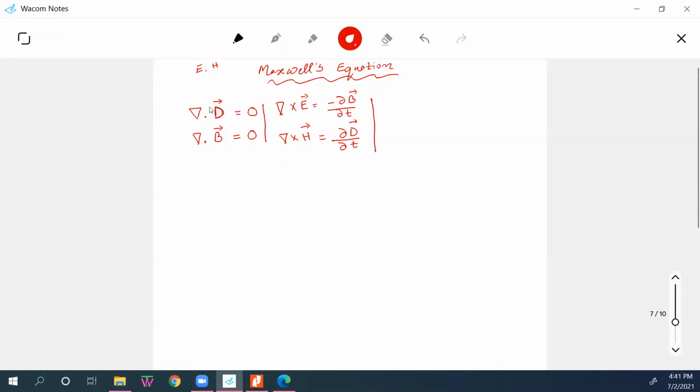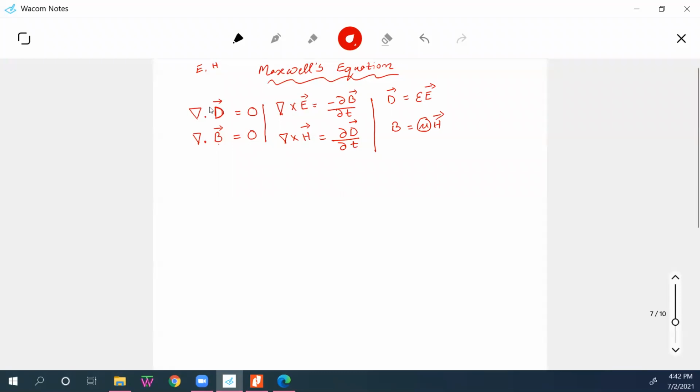Now here, what are D and B? D is nothing but psi E, and B is mu H. That's how it comes, right? These are constant values. What are psi and mu?